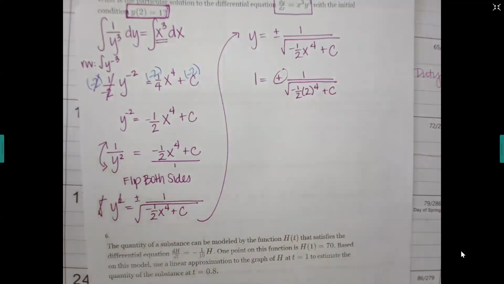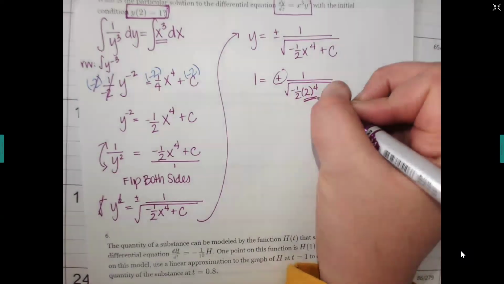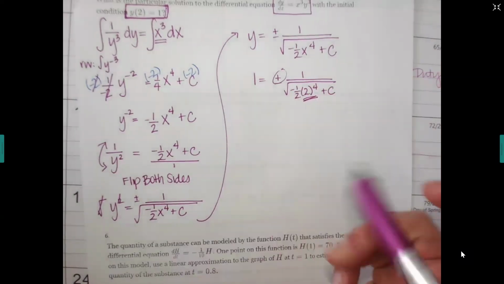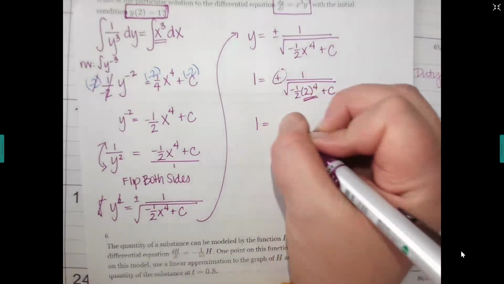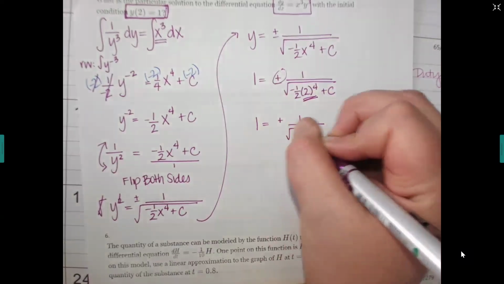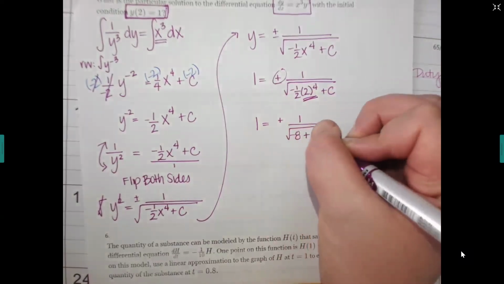So that's 2 times itself 4 times. 2 times 2 is 4 times 2 again. Times 2 again, 16. Okay, now I need to take that 16 and cut it in half. So what is that going to come out to be? Okay, square root negative 8 plus c.